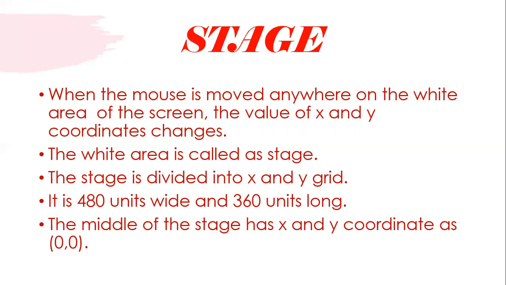So basically, the stage is a white area where whenever we write a script in the script area, the resemblance of that script will be shown on the stage. And whenever we are moving the mouse on the white area of the screen, the values of x and y coordinates will be changing.